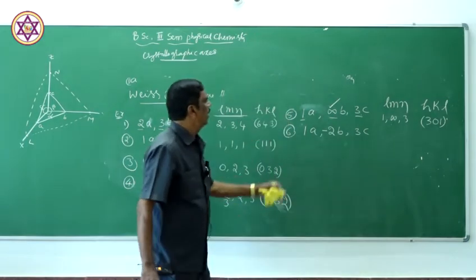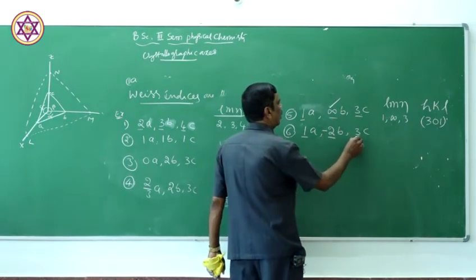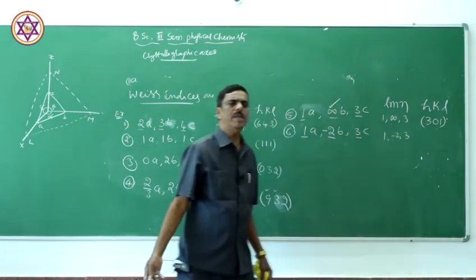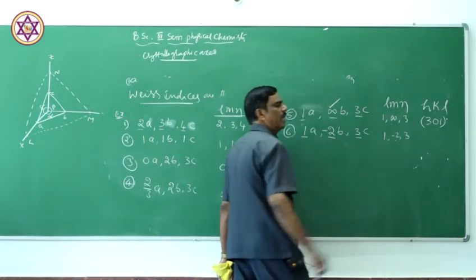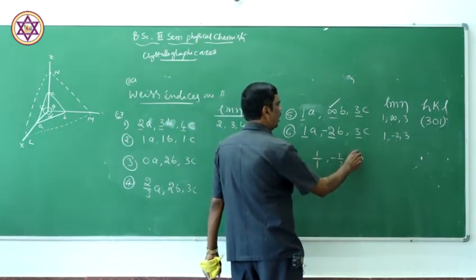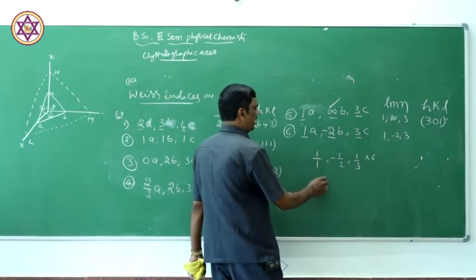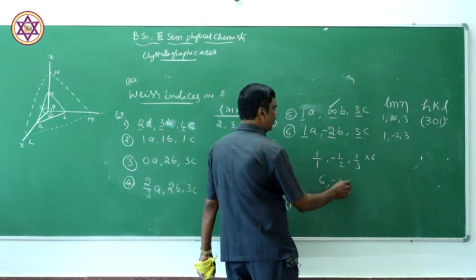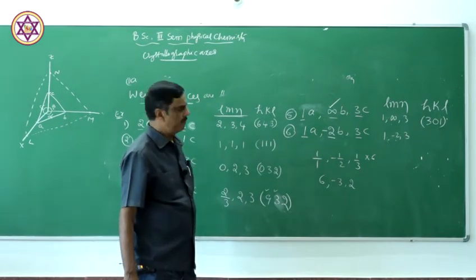Consider another plane: 1 A, minus 2 B, 3 C. Here, the Weiss indices are 1, minus 2, 3. So, there may be negative intercepts for some planes. In that case, how to convert this into Miller indices? Take the reciprocal: 1 by 1, minus 1 by 2 and 1 by 3. Convert that into a whole number, multiply by 6. This becomes 6, minus 3 and 2. 6, minus 3, 2 is the Miller indices.